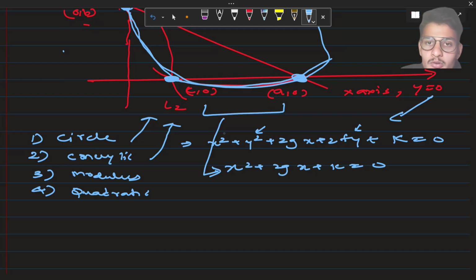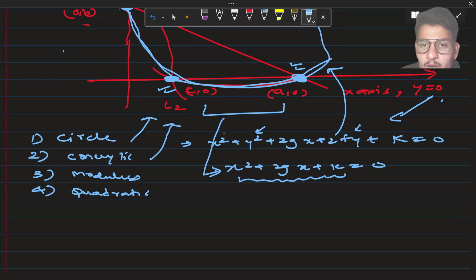If this circle is intersected by the y equal to 0 line, putting y equal to 0 into it, satisfying the line equation into the circle, only 2 points will satisfy both the circle as well as the line. So this equation will give us the 2 points, A and C.